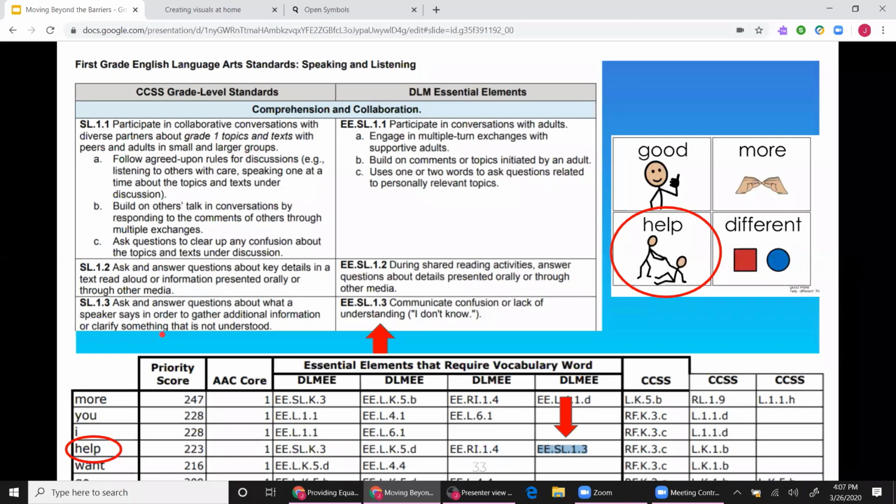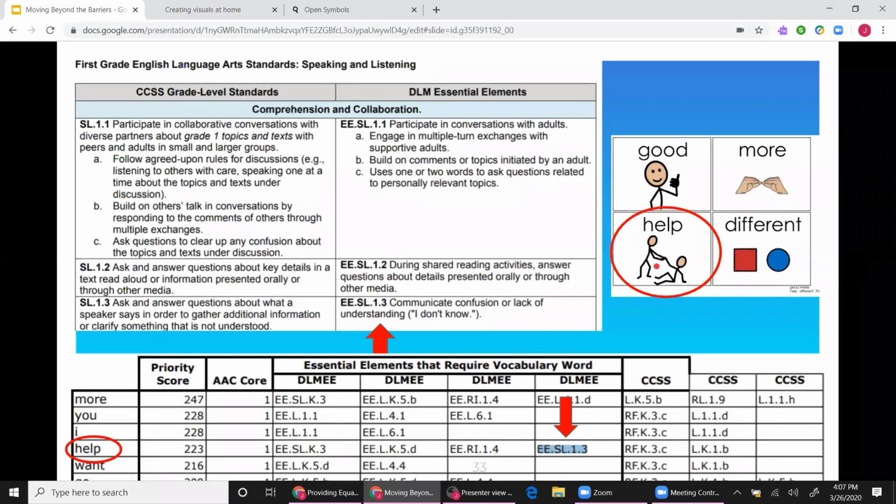And what the researchers at North Carolina did when they were ranking these words and trying to determine the academic core vocabulary words is they pulled them straight from the Common Core State Standards. So if we look at the first grade speaking and listening essential elements here, we can see that the student would need to communicate confusion or lack of understanding. So saying I don't know or asking for help.